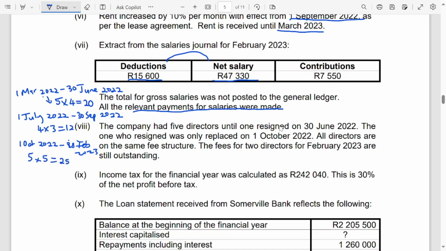But remember, the fees of 2 directors for February are still outstanding, meaning that they were not paid.